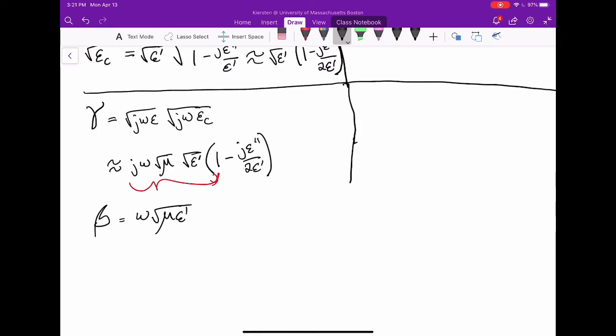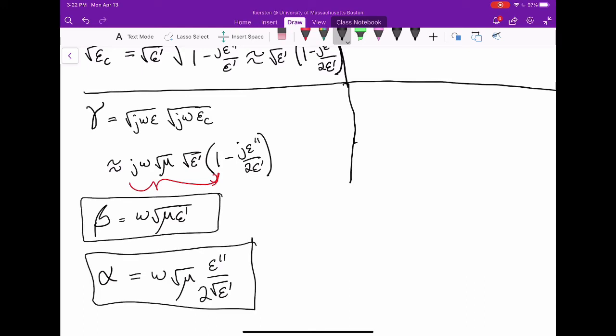And then it's easy to tell that alpha is omega square root of mu times epsilon double prime over 2 square root of epsilon prime. And if you remember, epsilon double prime is sigma over omega, so the omega cancels out. Oh, and there's a factor of 2 there, excuse me.